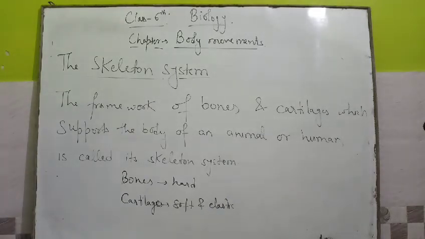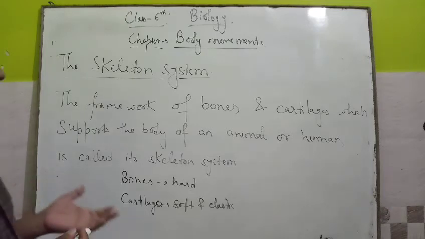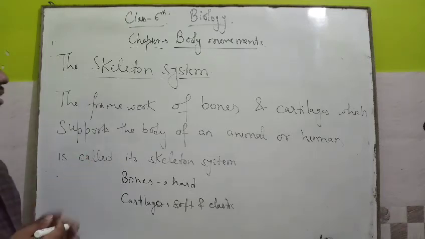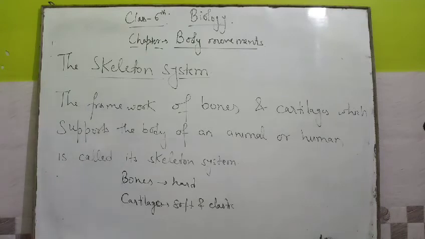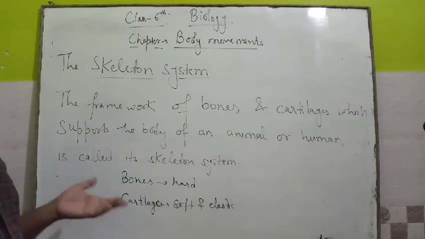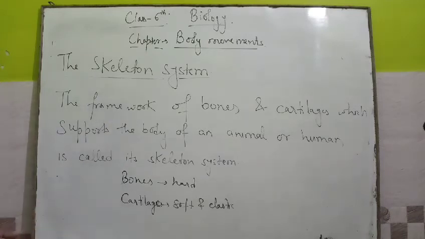Now the skeletal system of the human body consists of skull, backbone, ribs, breastbone, bones in arms and legs, shoulder bone, hip or pelvic bone. These are the bones which are considered in a skeletal system. Clear? Or we can say that it is a part of a skeletal system. Clear? Okay, note it.